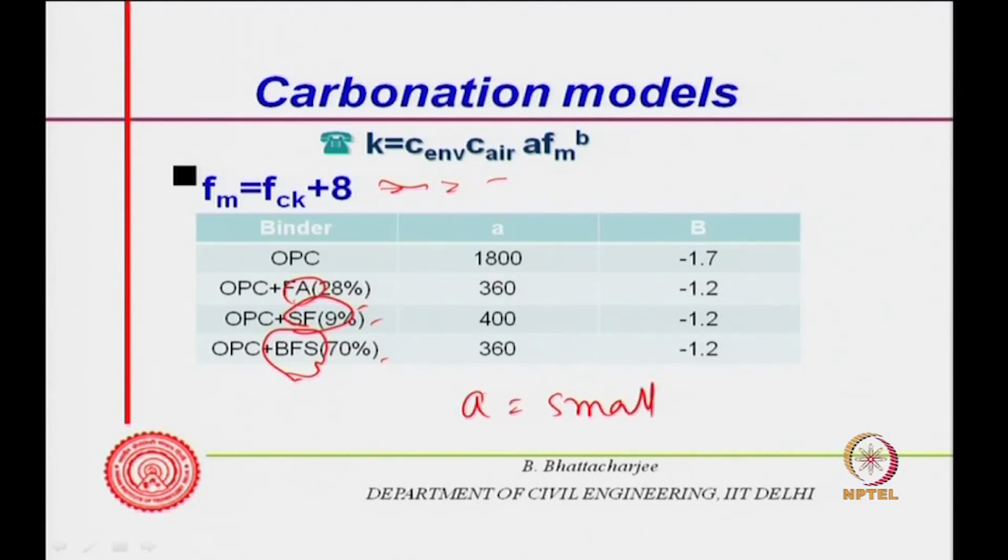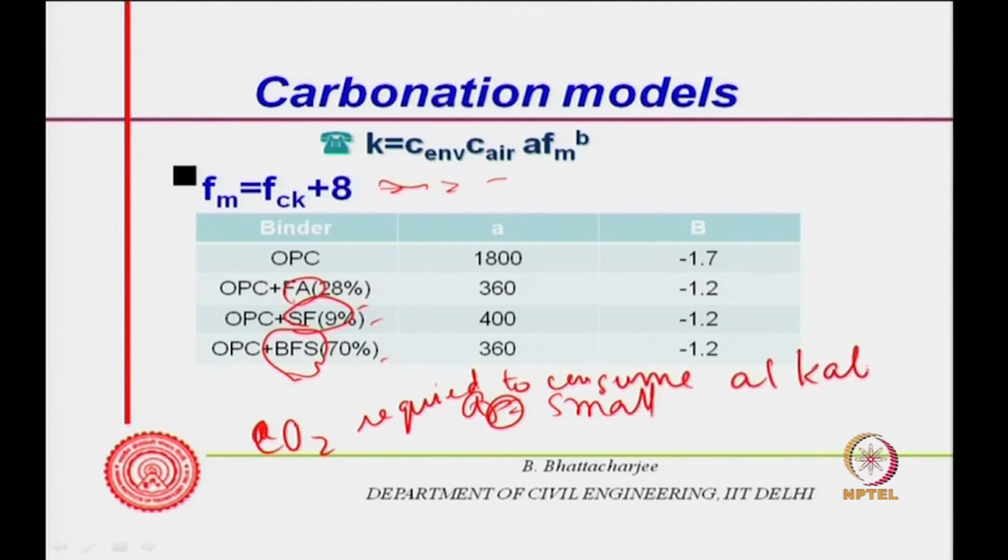A in the previous equation stands for the alkaline material, or the carbon dioxide required to consume it, which will be less.